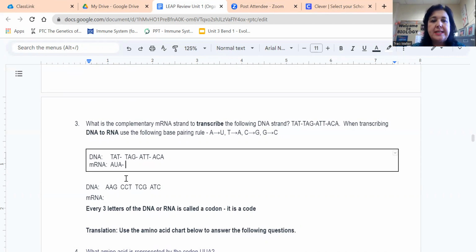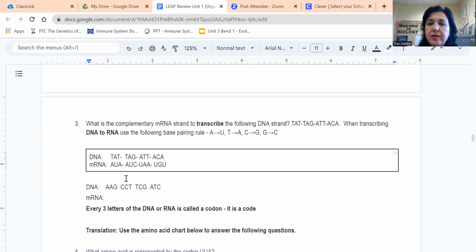Okay, now TAG, T goes with A goes with U, G goes with C. So TAG becomes AUC. ATT will be UAA, and ACA will be UGU.